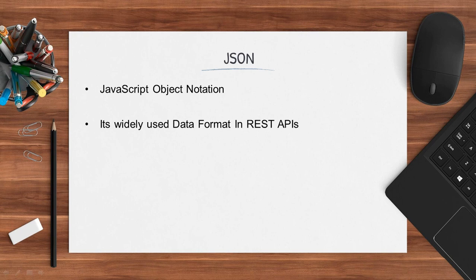Whatever data your REST API expects in the input, that is your request payload, will be in JSON format. And whatever your REST APIs give back to consumers will also be in JSON format. In this course, whatever REST APIs we develop with Spring Boot, we will use JSON as the data format.